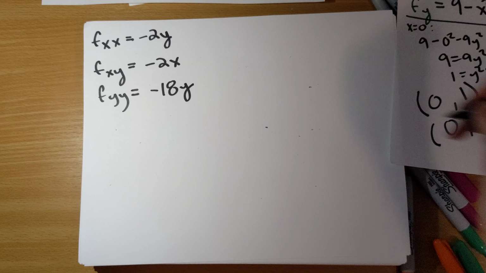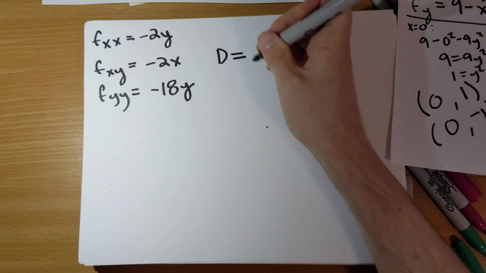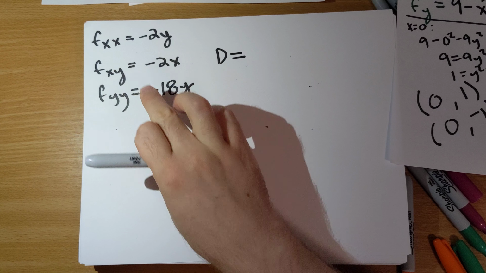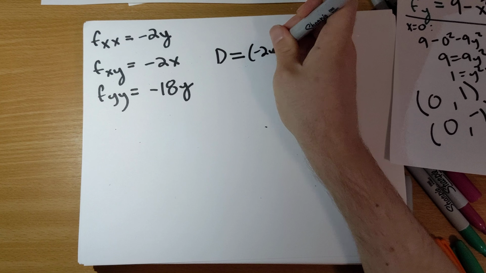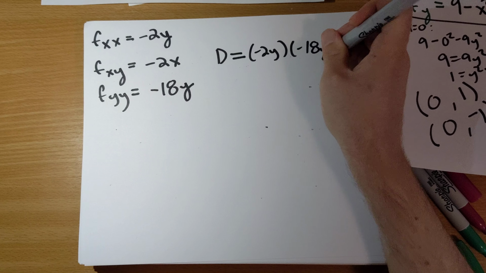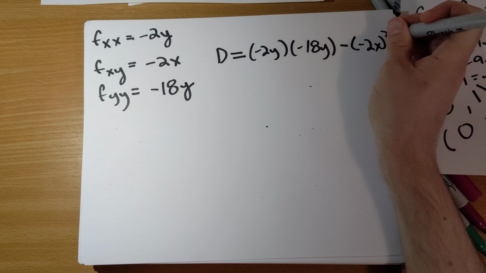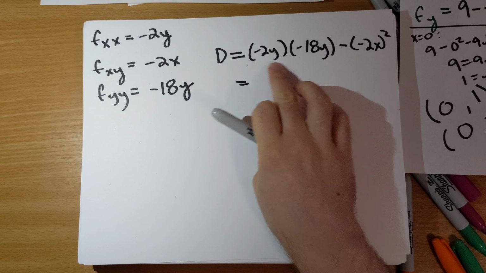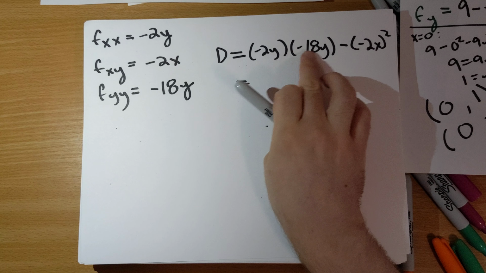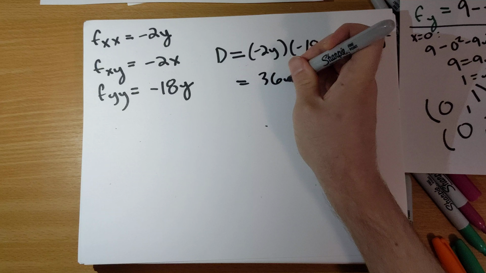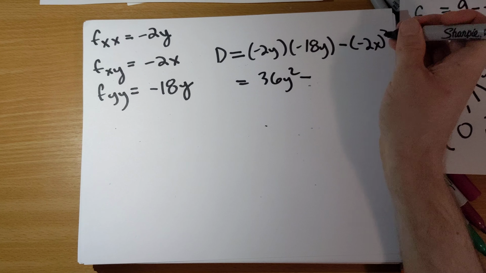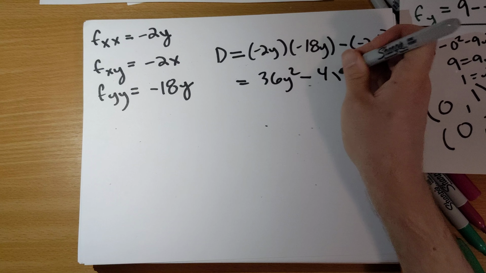So our discriminant is going to be fxx times fyy, negative 2y times negative 18y, minus f sub xy squared. And so this will be, let's see here, 36y squared minus 4x squared.